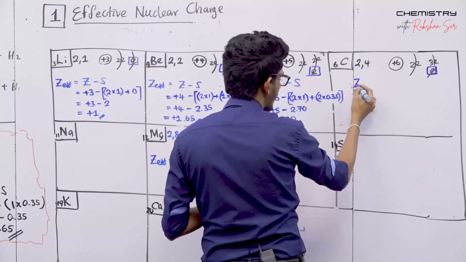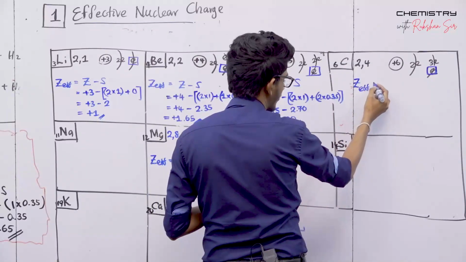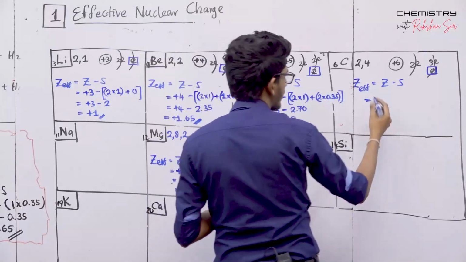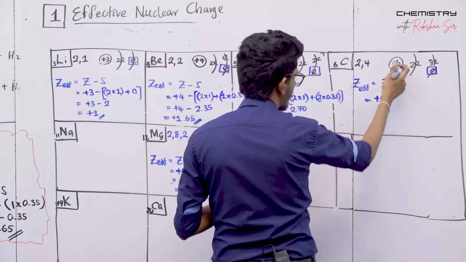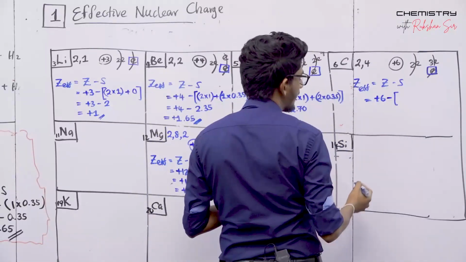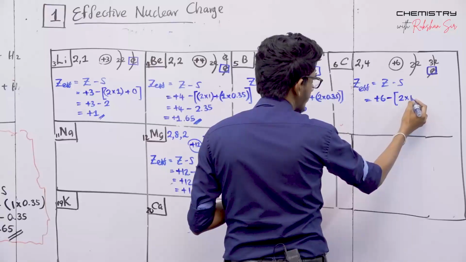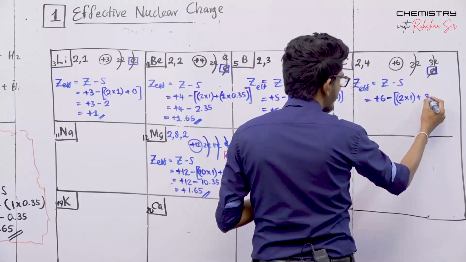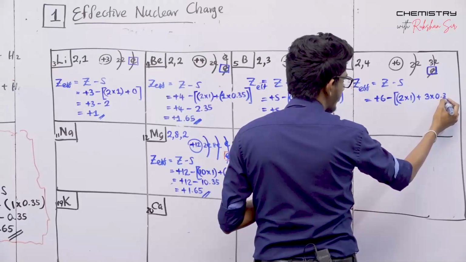The effective charge is Z minus S. Z is plus 6 as you have 6 protons at your nucleus, minus 2 into 1 plus 3 into 0.35.